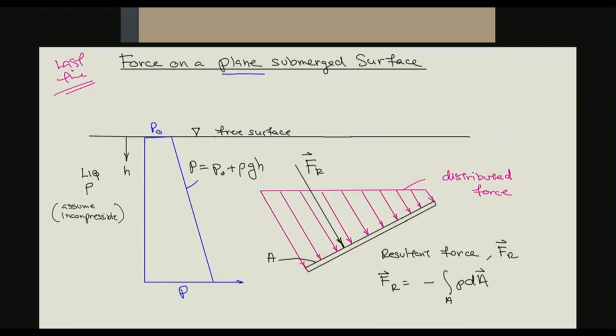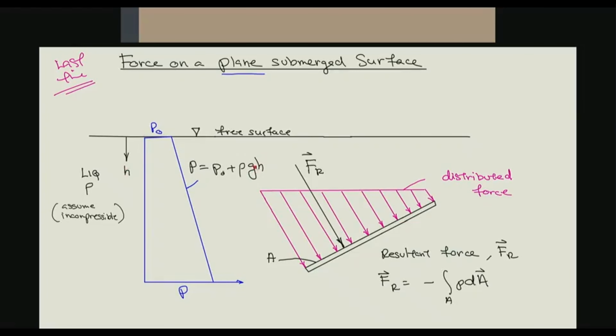For the case of constant density, the pressure variation with depth can be expressed this way, our basic hydrostatic pressure variation in terms of depth, with the coordinate positive going down and density constant.